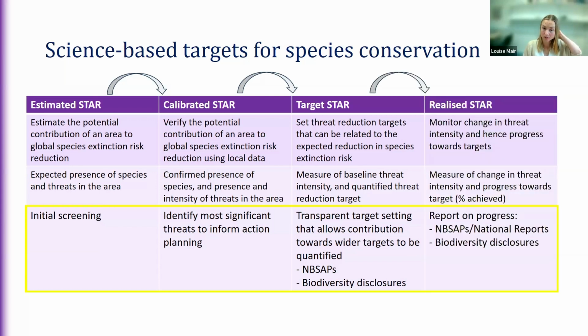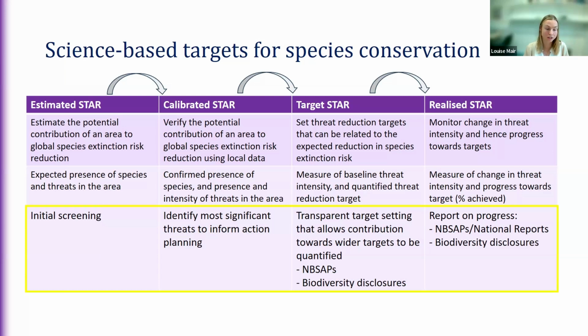And then the final part, once you have implemented your action, or while you're implementing your action, you monitor the change in threat intensity and hence progress towards your threat reduction targets. So it's really important that you identify a suitable way of measuring change in threat intensity that allows transparent reporting. Your realised STAR gives you that ability to quantifiably report on the progress that you're making towards your targets.